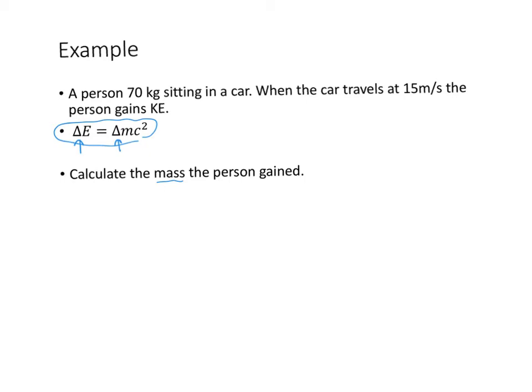So how can I calculate the mass the person gained? Well, I already know that the car is traveling at this speed, so I can find the kinetic energy and equate it to Einstein's equation. So I can calculate that mass, the increase in mass or change in mass. In this case, it's increasing.